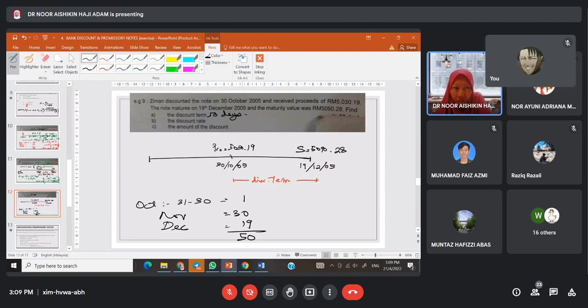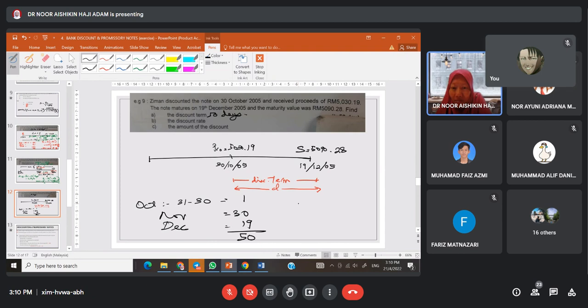Faham kelas? Faham. Discount rate duduk kat mana? Discount rate untuk tempoh dari mana ke mana? Untuk tempoh of the discount. Discount rate adalah untuk tempoh between the discount date and the maturity date. So what do you get for D? You have S, you have P, you have the discount term T. Yang 50 hari tu, apa formula nak guna?